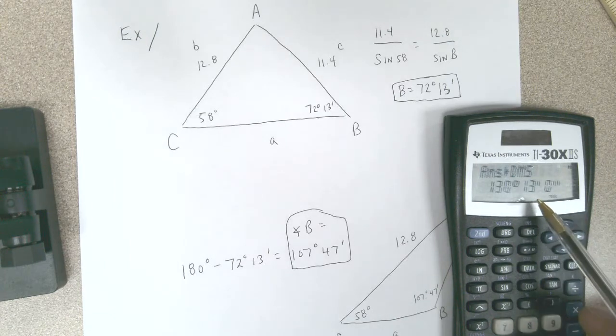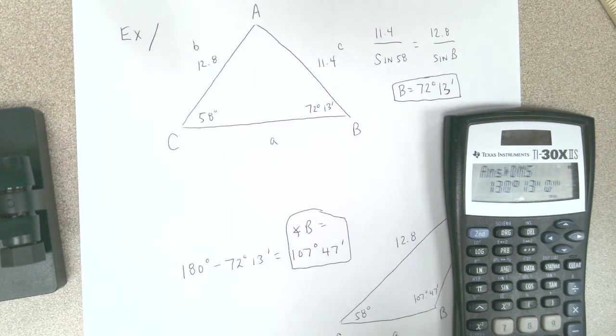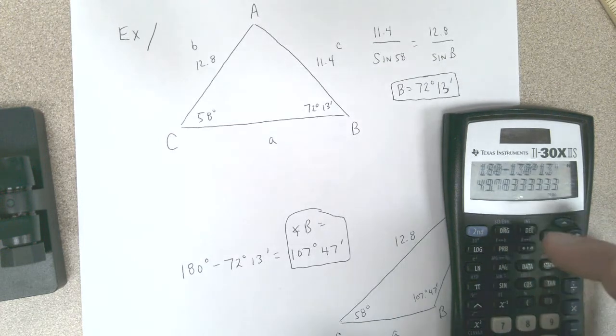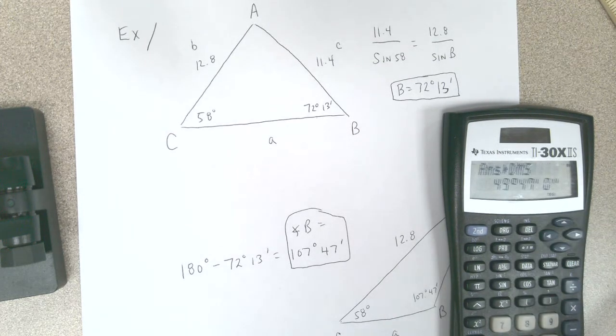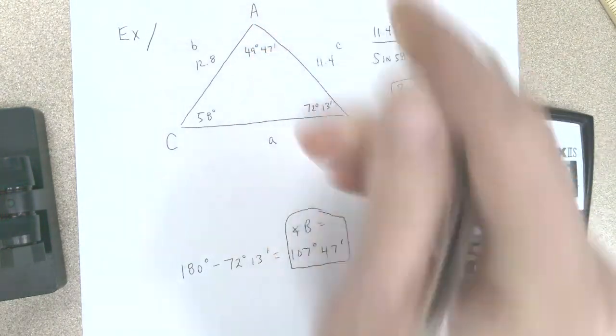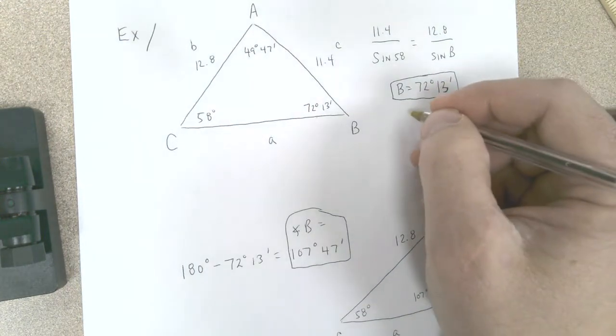That's 130 degrees, 13 minutes. Then I subtract that from 180 to get the top angle: 180 minus 130 degrees, 13 minutes, and change that back to degrees, minutes, and seconds. So 49 degrees, 47 minutes is going to be angle A.